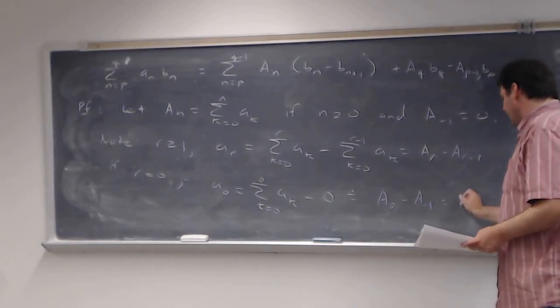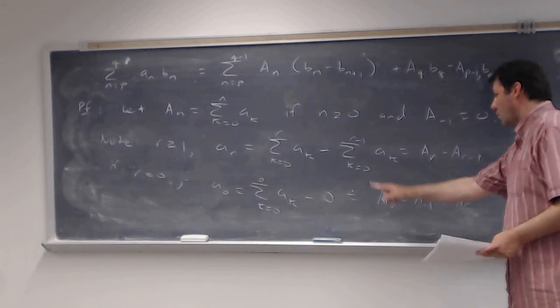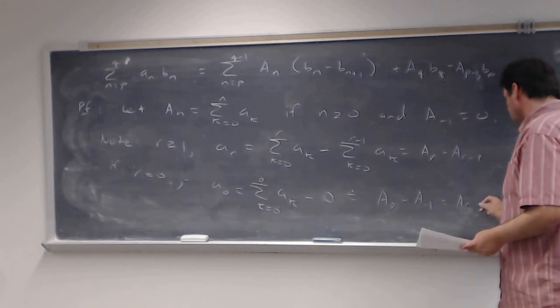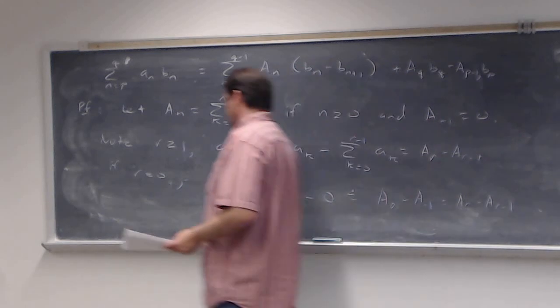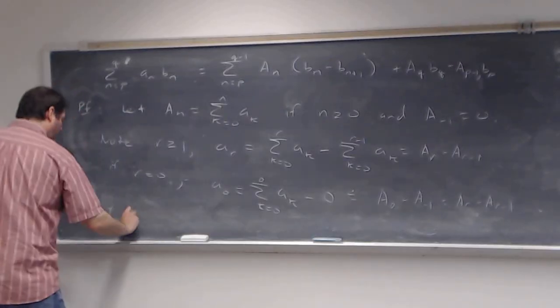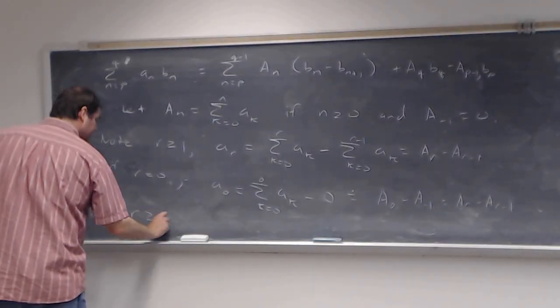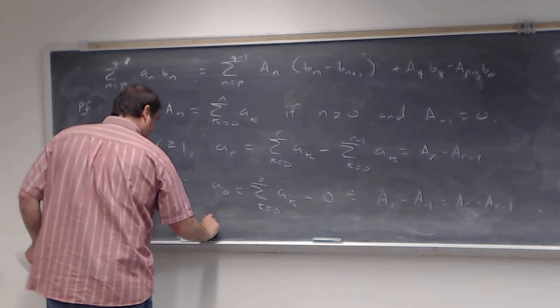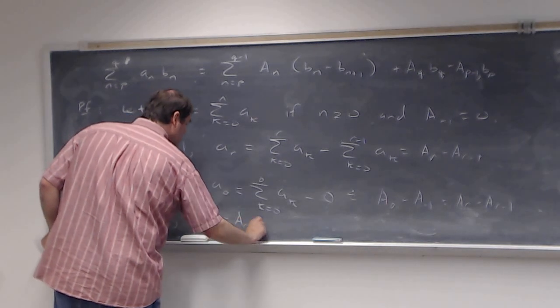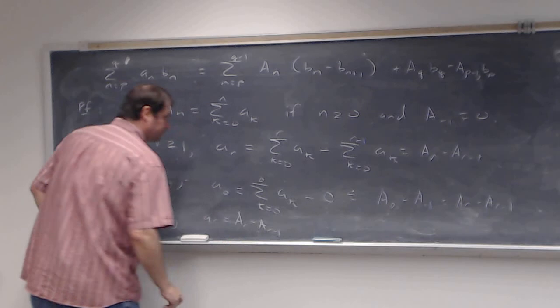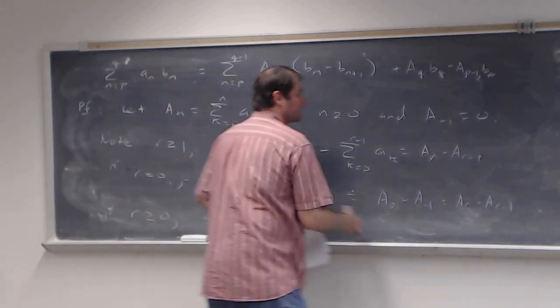That's giving us A sub r minus A sub r minus 1, because r is 0 in this case. So in all cases, when r is greater than or equal to 0, we have that A sub r is equal to big A sub r minus big A sub r minus 1. That's what the notation indicates.